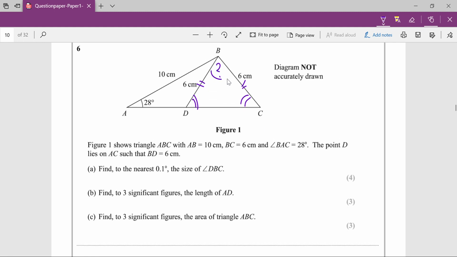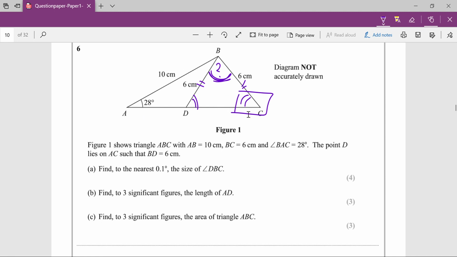So we want to find this angle here. Right, so where shall we start? The first thing we could do would be, I suppose, to try and find this angle here using the sine rule, because we have this angle and the opposite side, and we have this opposite side but not this angle.